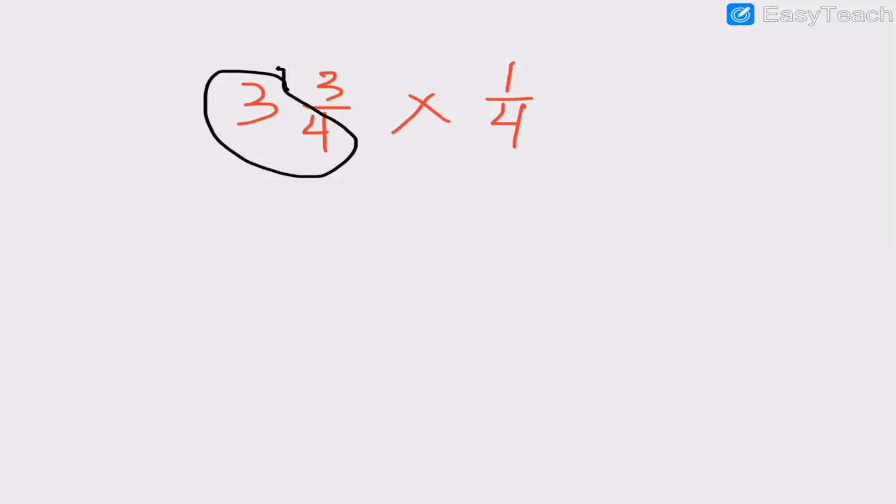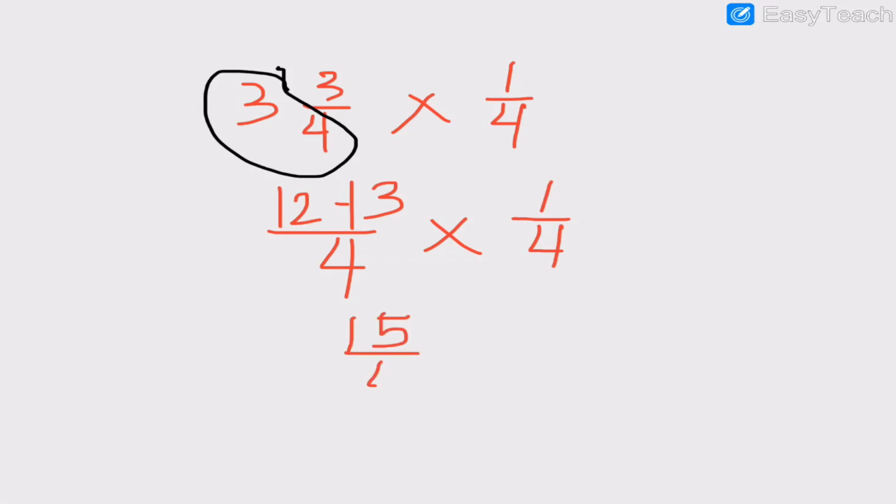That would be 3 times 4, that is 12, plus 3 over the denominator. Then we multiply it by 1/4. 12 plus 3 is 15 over 4 multiplied by 1/4. 15 times 1 is 15. 4 times 4 is 16. Therefore, that is the final answer.